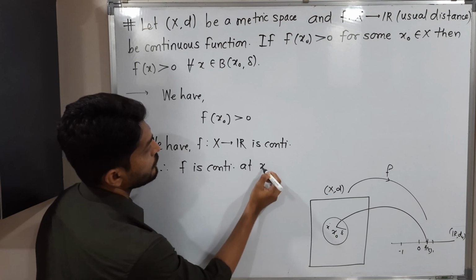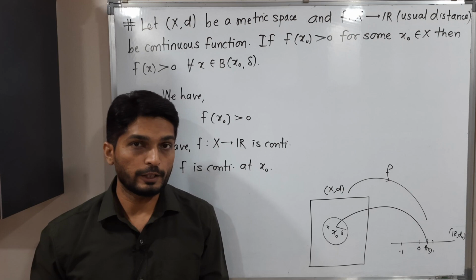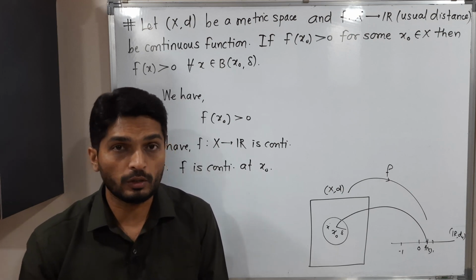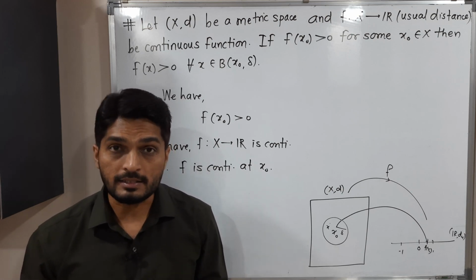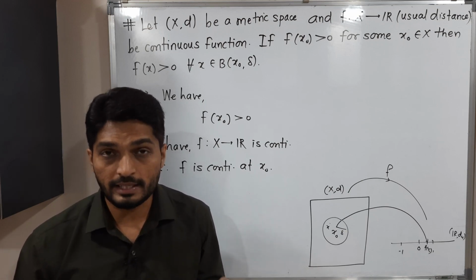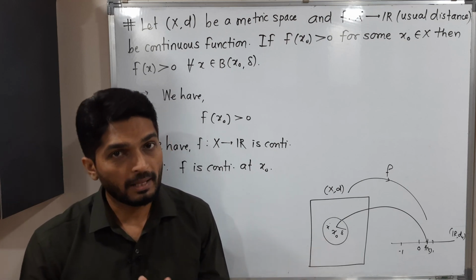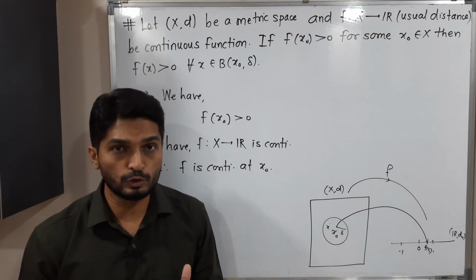We are familiar with the epsilon delta definition of continuity: for given epsilon greater than 0, there exists delta greater than 0 such that d of x and x naught less than delta implies rho of f of x and f of x naught less than epsilon. That definition I am going to use here.